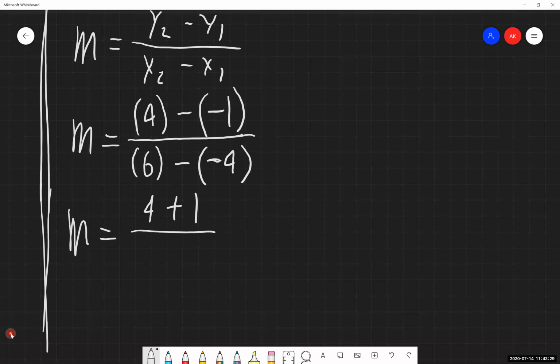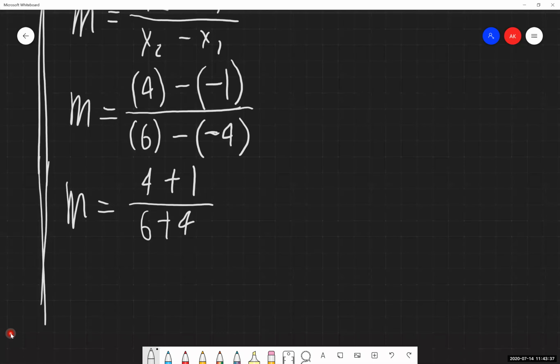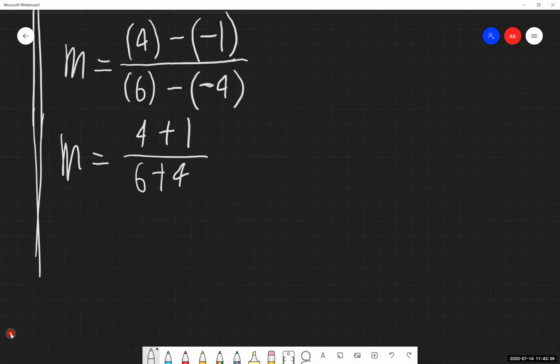A negative and a negative is going to make a positive here, because we don't like those double signs showing up. Now we combine everything in the numerator together. 4 plus 1 is going to give me 5. Everything in the denominator, 6 plus 4 is going to give me 10. So I get m is equal to 5 over 10.